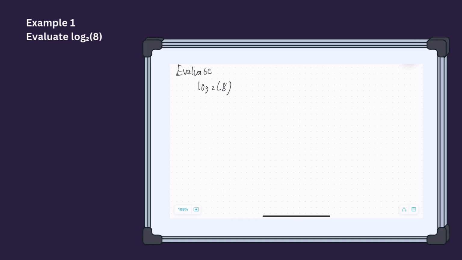So how many times do we have to multiply 2 to get 8? 2 times 2 is equal to 4, right? 2 times 2 times 2 is equal to 8. So how many times should we multiply it? 1, 2, 3. So our answer would be log base 2 of 8 equals 3.